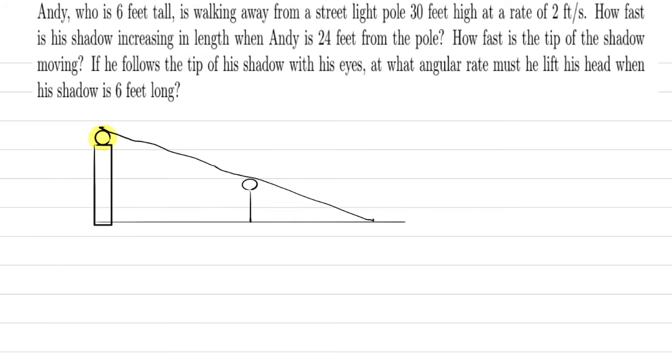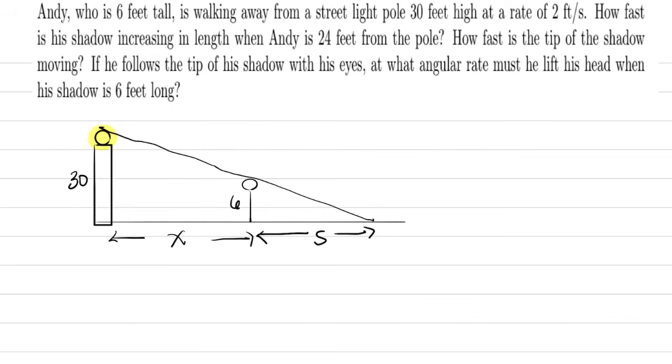Now, suppose the distance of Andy from the pole is x, and suppose the length of the shadow is s. What we know is the height of the street light pole, which is 30, and Andy's height is 6. Okay, so we now have the illustration.